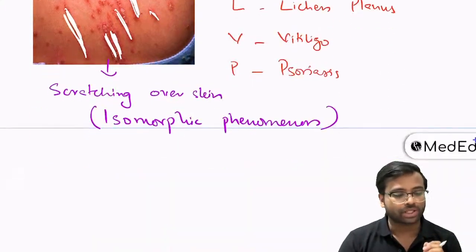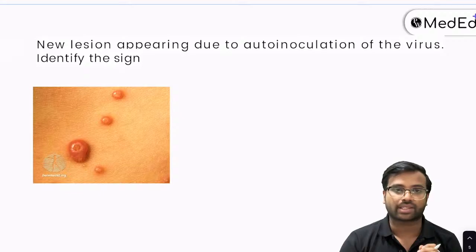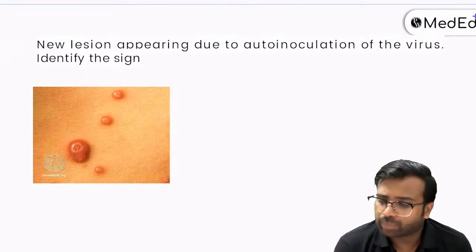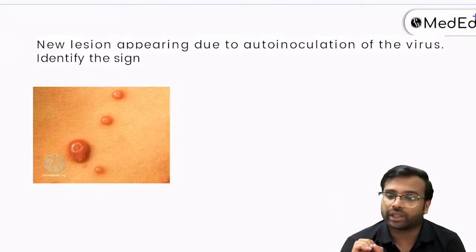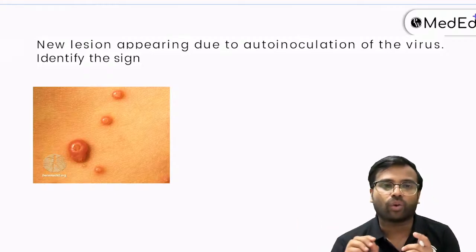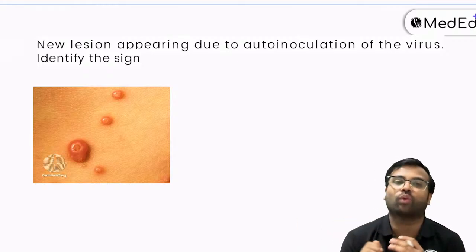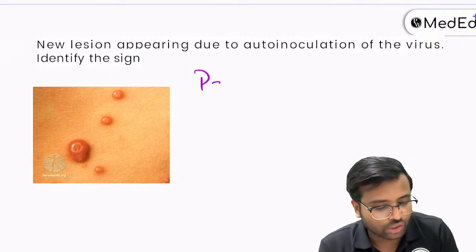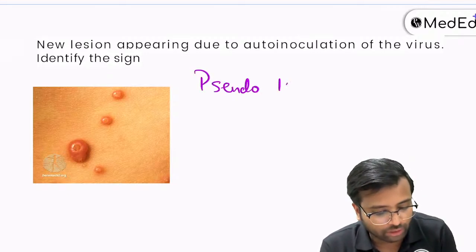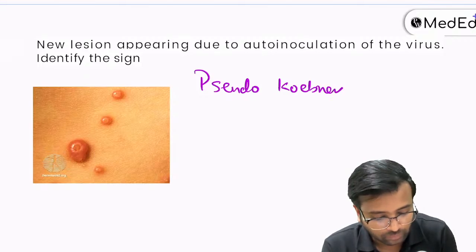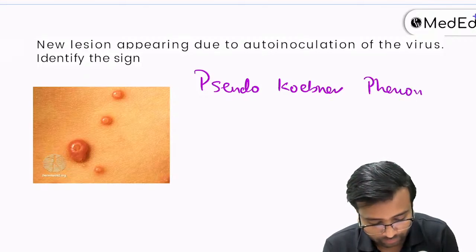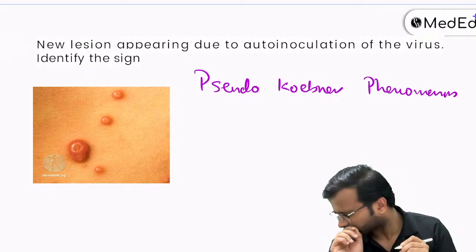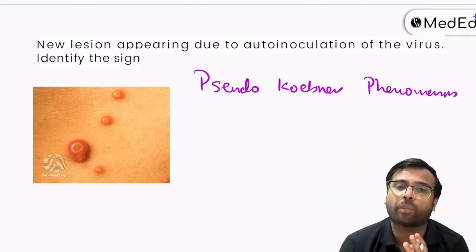So with your permission, let me just go to the next sign. Now the Koebner phenomenon is done. Now we are going to discuss something else very similar to what we have learned. This one I would call Pseudo-Koebner phenomenon. So what is Pseudo-Koebner phenomenon?